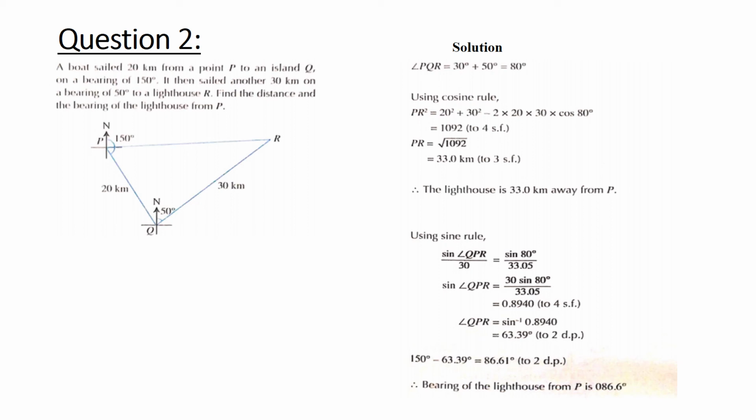Simplify it with the help of calculator and find out the value of angle QPR, which will be equal to sine inverse 0.8940, and finally you will get 63.39 degrees. Now finally the bearing of lighthouse from P will be 150 minus 63.39, that is 86.61 degrees.